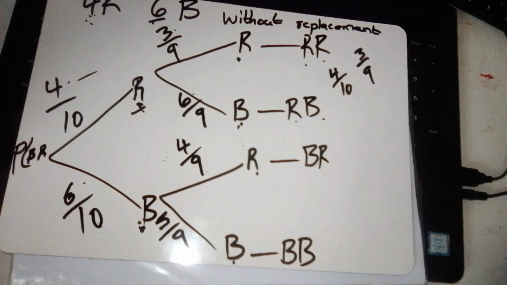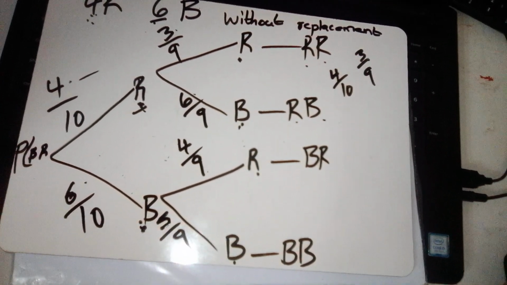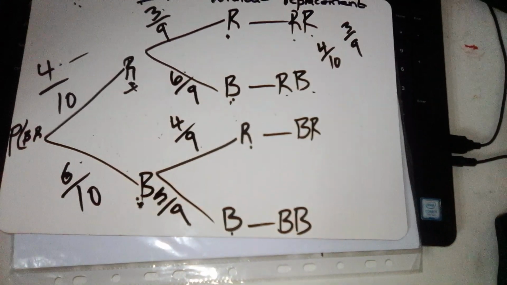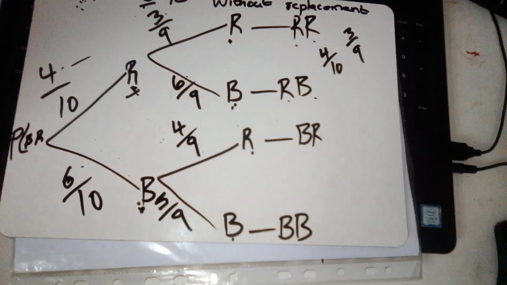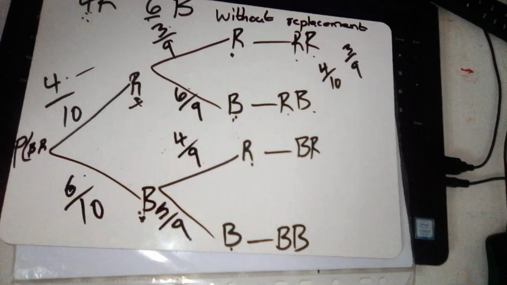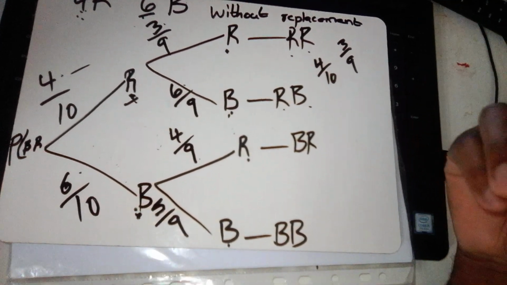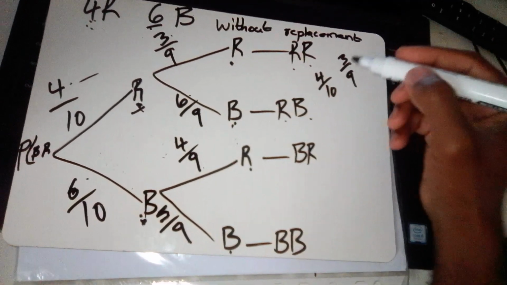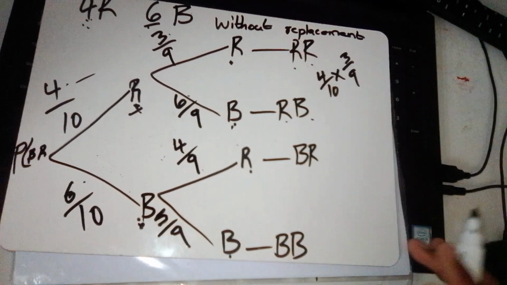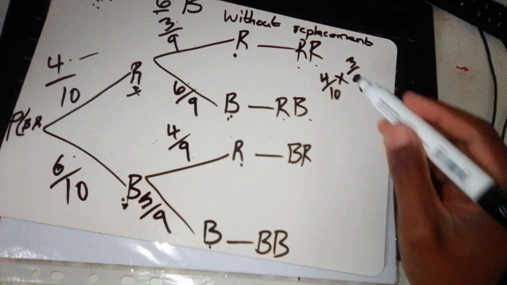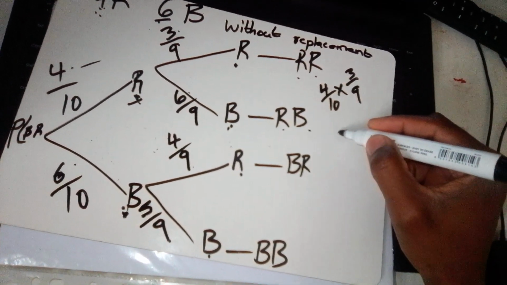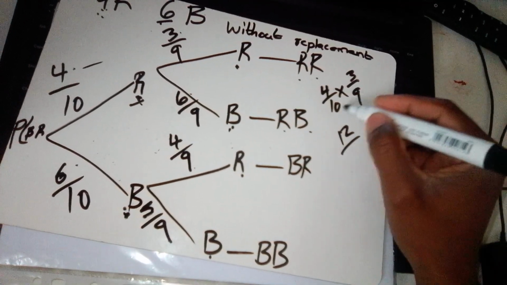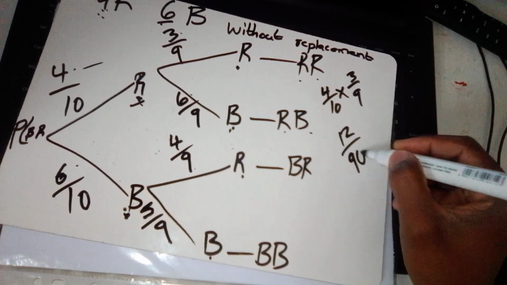When they say what is the probability that both balls are red, it means you must get red and red, not red or red. In probability, when we say and, you have to multiply. So this is going to be 12 over 90.